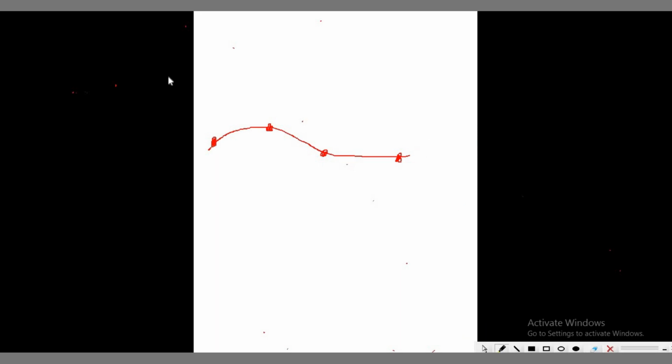So, let's say those are the points. The distance from, let's say, KSU to BIR, the horizontal distance, let's say this is 75 meters.